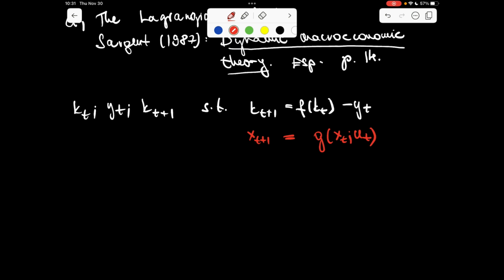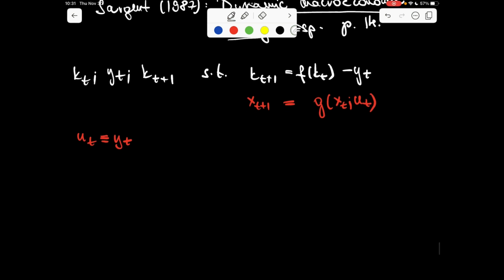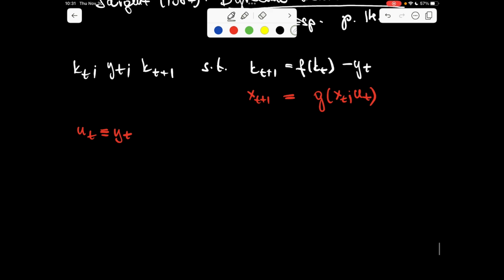So ut is the control variable or decision variable, which is supposed to be sales in period t. And on this basis, there might be other possibilities, but I used this formulation.